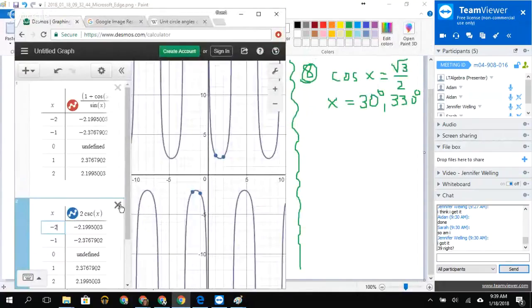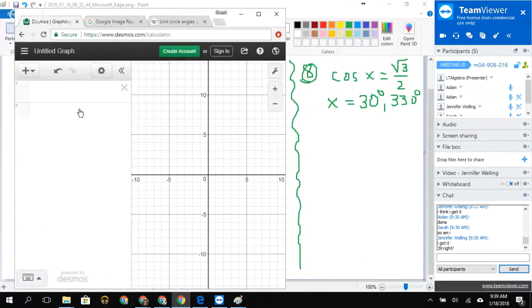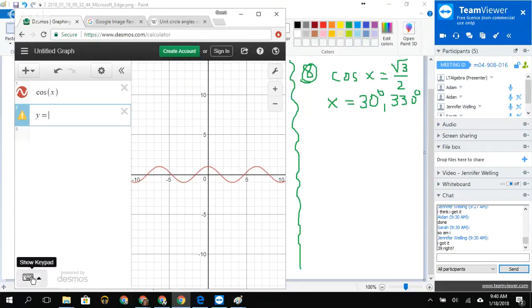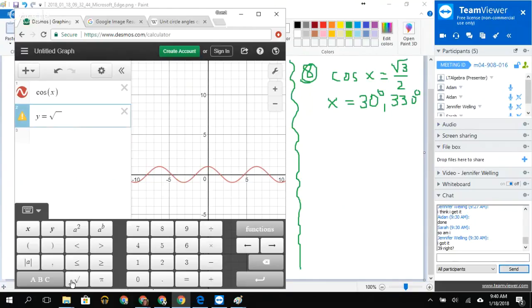Okay, so one side of my equation is cosine of x. Got our nice curve there, right? And we want to know, when does the cosine of x equal square root of 3 over 2?